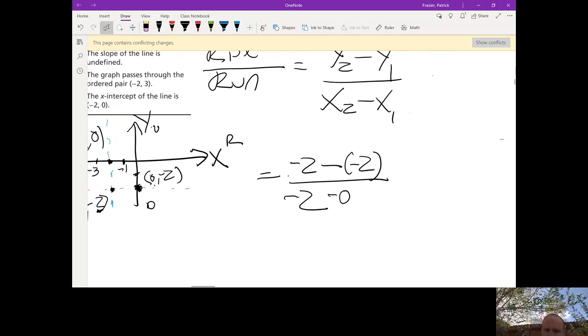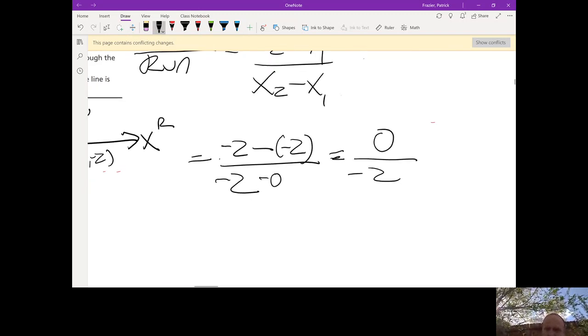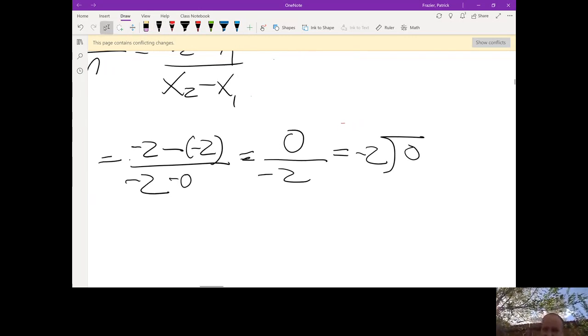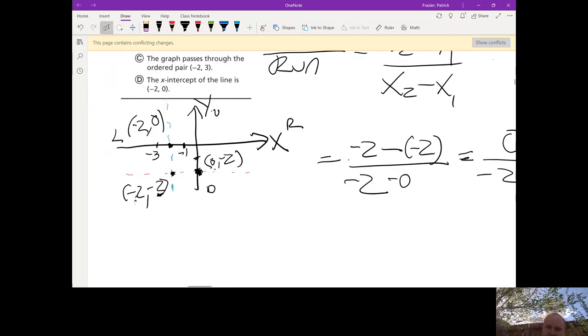Well, -2 minus -2 is the same thing as -2 plus 2, which equals 0. And -2 minus 0 is just -2. And that would be the same thing as -2 goes into 0 how many times? Well, 0 times. So a horizontal line has a 0 slope.